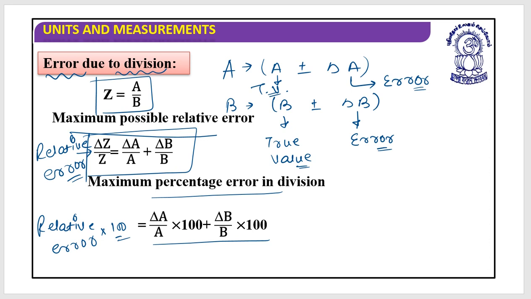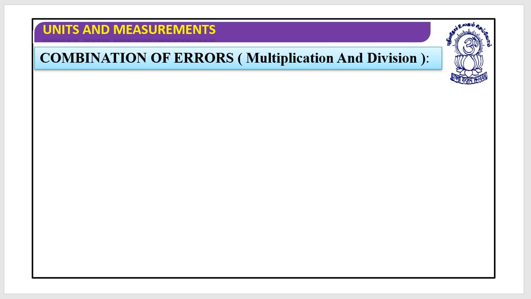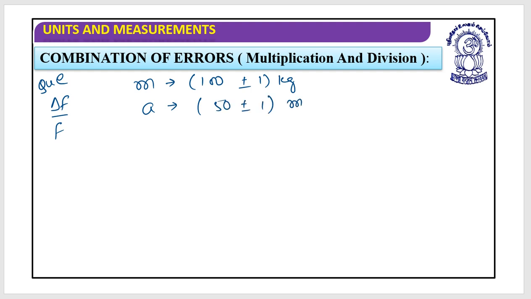No? So let's look at the numericals. Let's say I need to find delta F by F, where F is force. I have measured the mass, which is 100 plus or minus 1 kg. I have been given an acceleration, let's say 50 plus minus 1 meter per second squared.